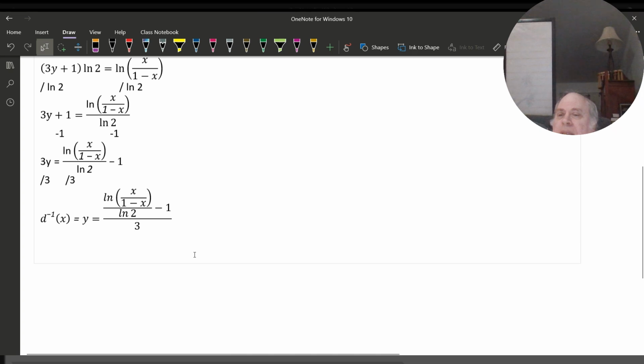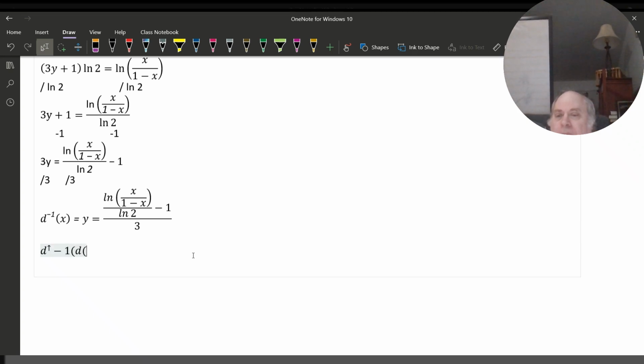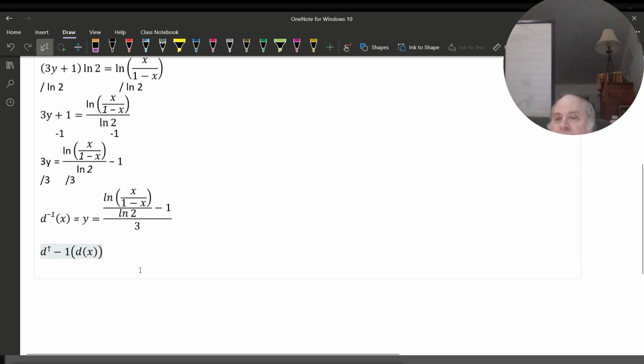Now, let's just check this answer with a complete check. I'll do d to the negative 1 of d of x. See if it actually comes out as x.